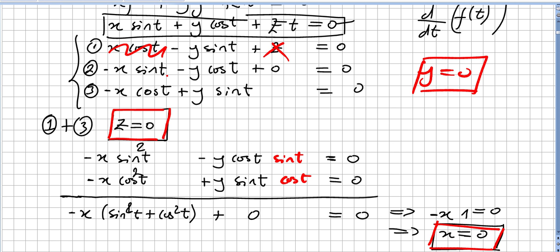But you can do the same process as I did here. I multiplied this by the cosine and this by the sine, and now you can repeat the process for those two lines, and you will get y equals 0. So x is 0, y is 0, z is 0.